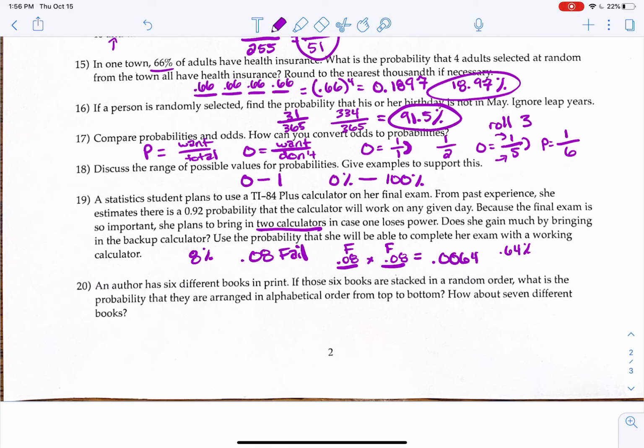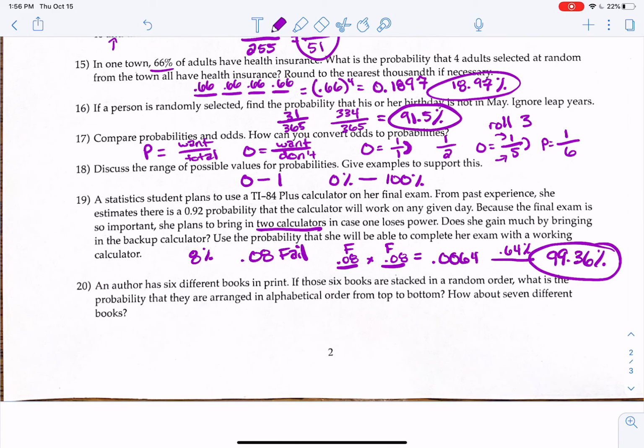Use the probability: does she gain much by bringing a backup calculator? So if it has a 0.64% chance that it's going to fail, 100 minus 0.64 means that it has a 99.36% chance that I will have at least one of them working, right?